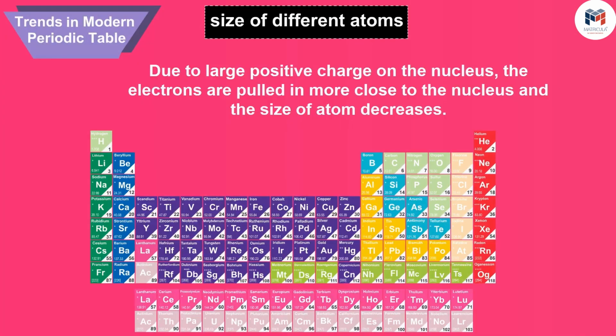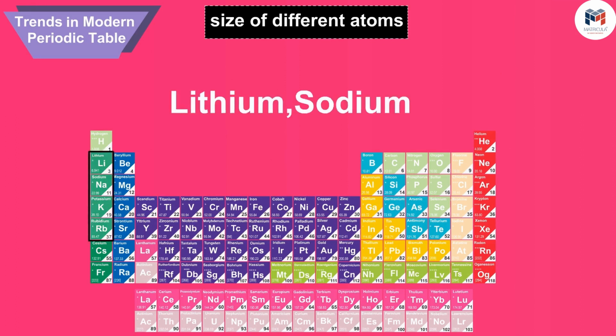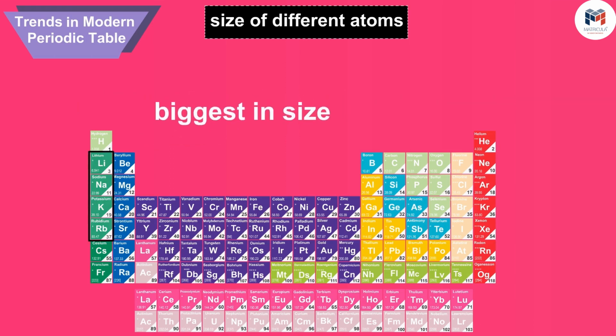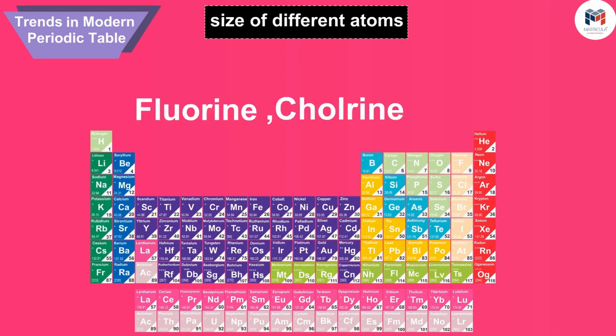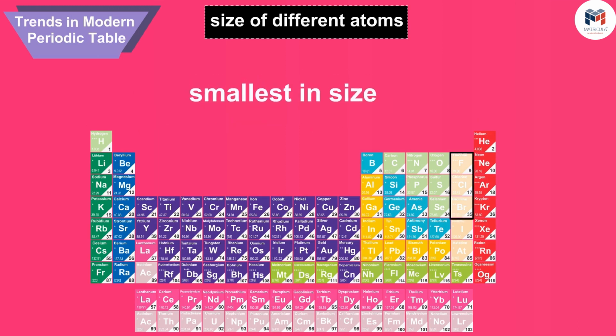Due to large positive charge on the nucleus, the electrons are pulled in more close to the nucleus and the size of atom decreases. Thus, in any period, the alkali metal atom like lithium, sodium, potassium, etc. is the biggest in size, whereas the halogen atom like fluorine, chlorine, bromine, etc. is the smallest in size.